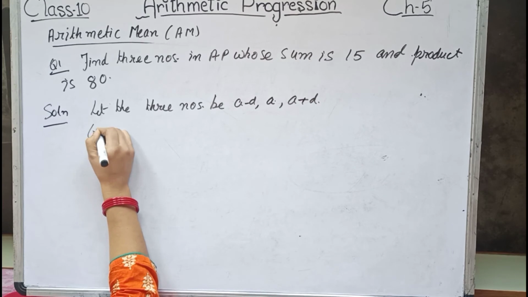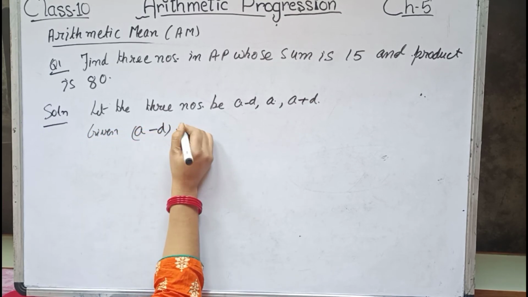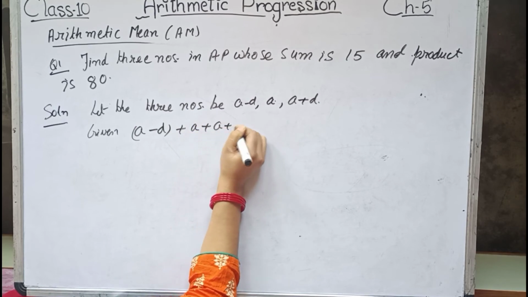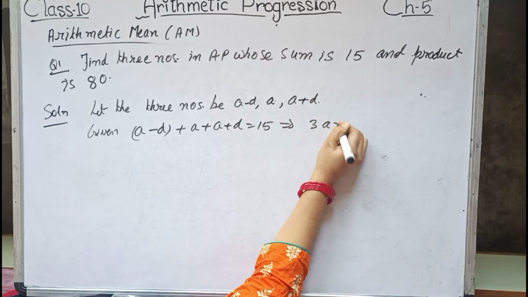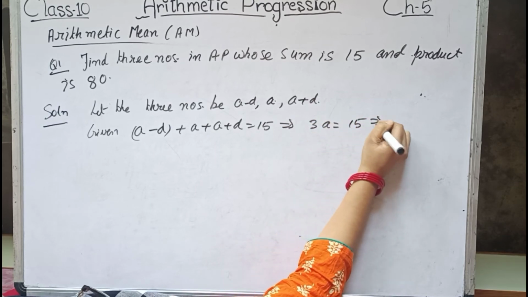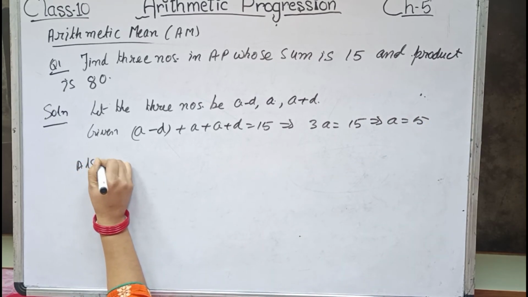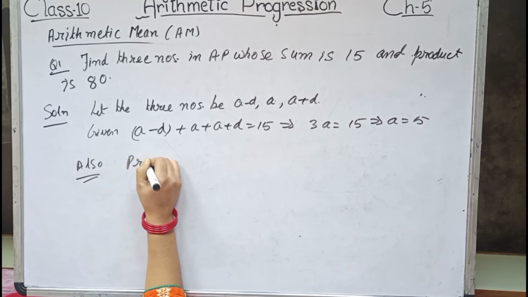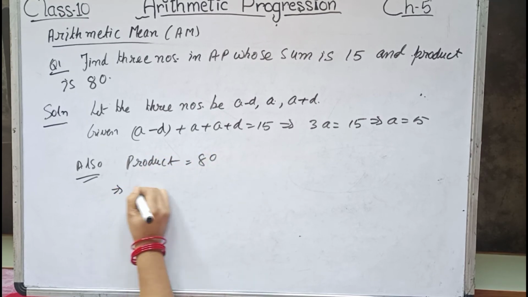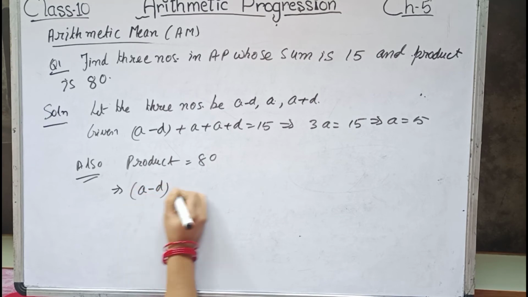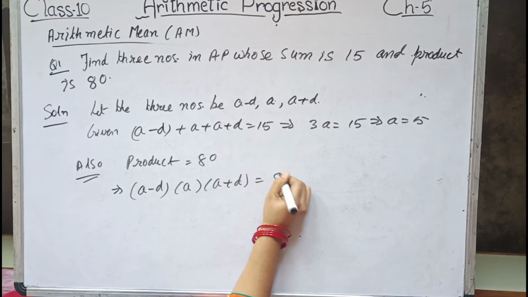Now given, a minus d plus a plus a plus d equals 15 implies thrice a equals 15 implies a equals 5. Also, product equals 80 implies (a minus d) a (a plus d) equals 80.